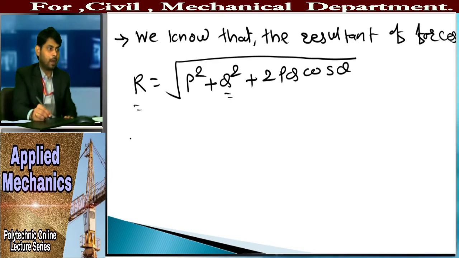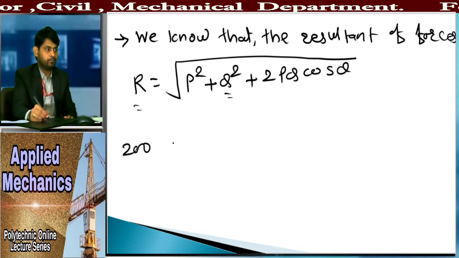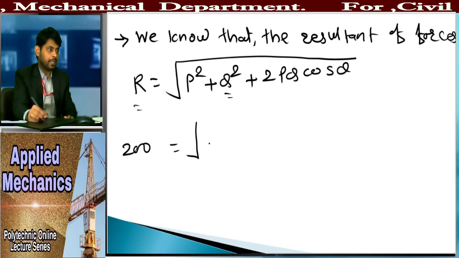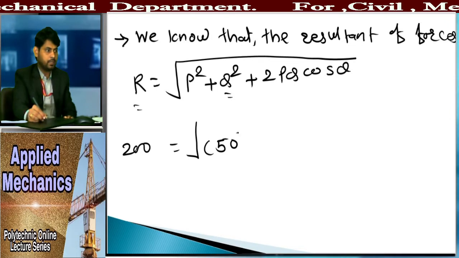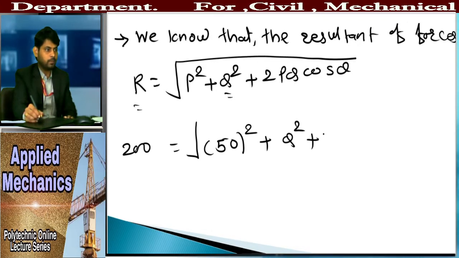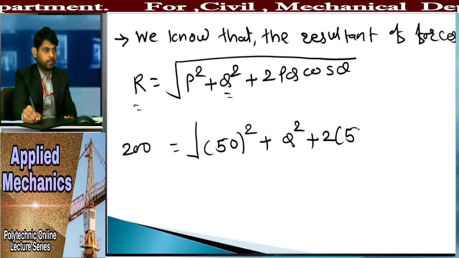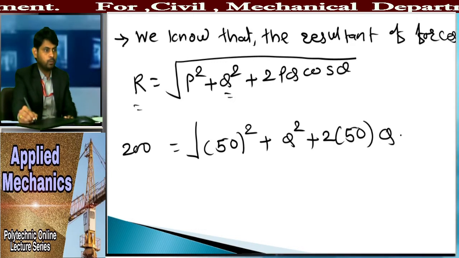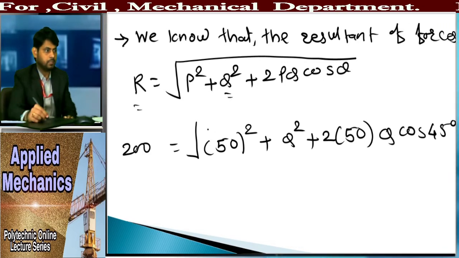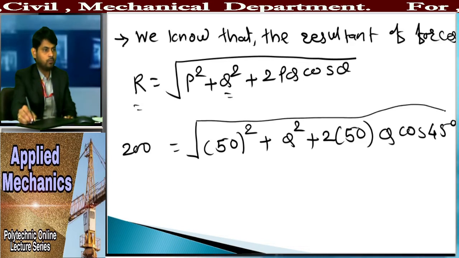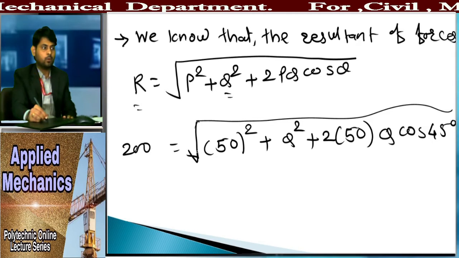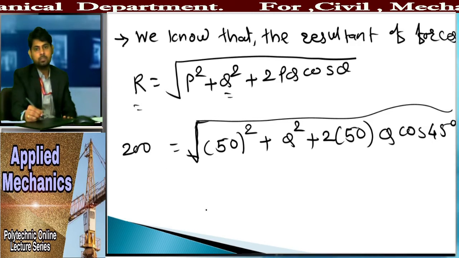Now the value of R is 200, which is equal to the square root of P, that is 50 square, plus Q square plus 2 into 50 into Q cos of 45 degrees, right? Now all these terms are under a square root. For removing this square root we have to take the square on both sides.